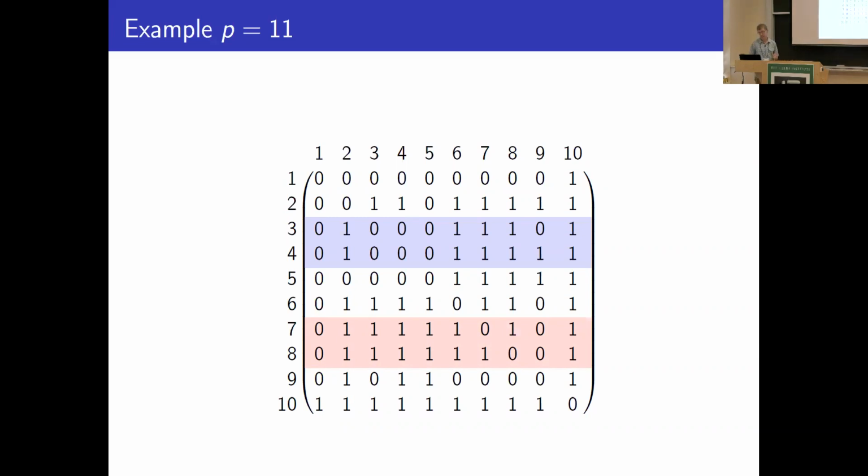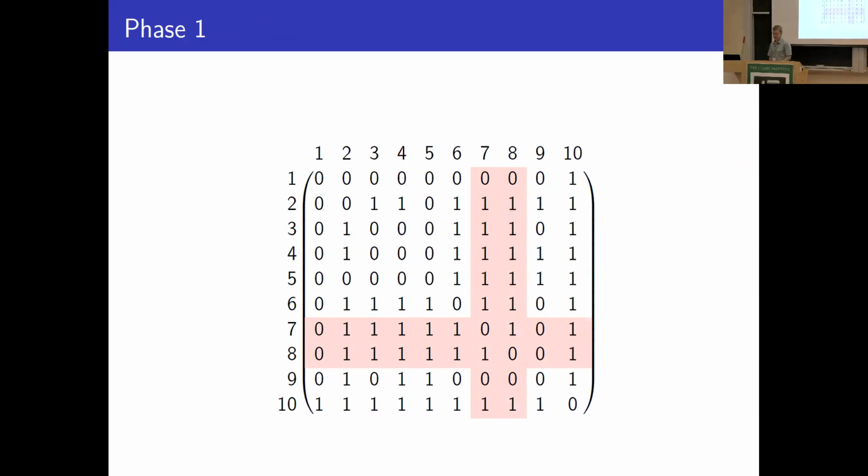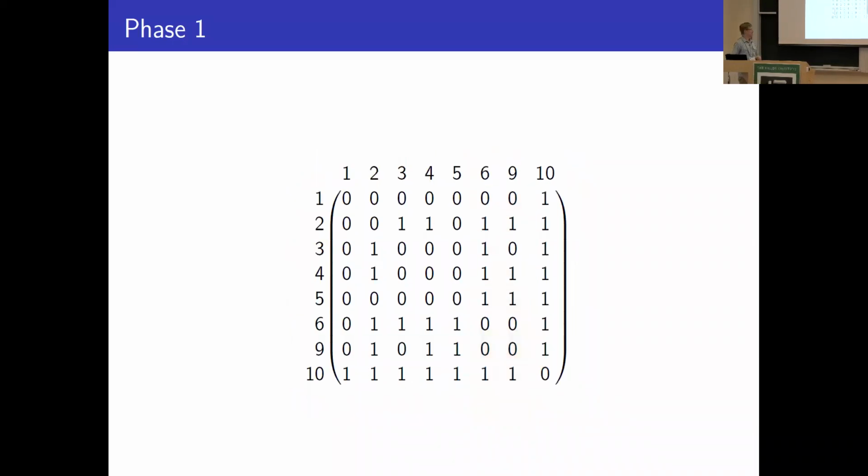And starting with that observation, we are able to reduce our matrix in 3 phases. The first phase, we take 2 consecutive non-residues, and we look at those 2 rows and those 2 columns and realize that if we delete them, we won't change the determinant. So we zap those and we have a smaller matrix.